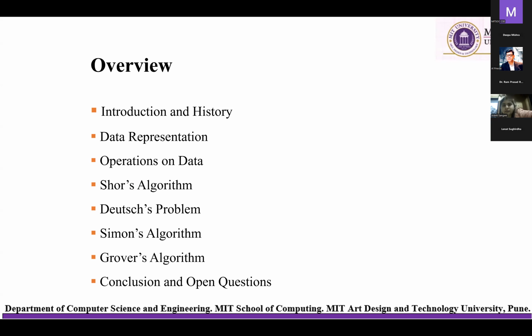Basically, quantum computing dates back to the 1980s, when physicists such as Richard Feynman and David Deutsch proposed the concept of using quantum mechanics to perform computations. Classical computers struggle with certain problems that quantum systems can efficiently solve, like simulating quantum physics.